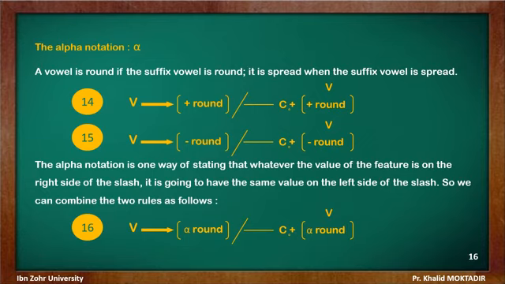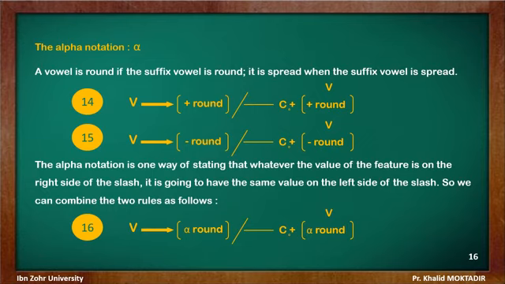The alpha notation is one way of saying that whatever the value of the feature is on the right side of the slash, it is going to have the same value on the left side of the slash. So we can combine the two rules as follows. Vowel becomes alpha round.